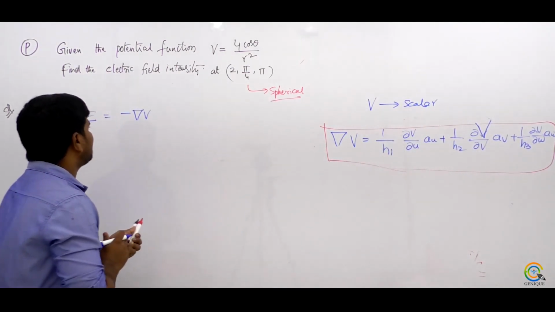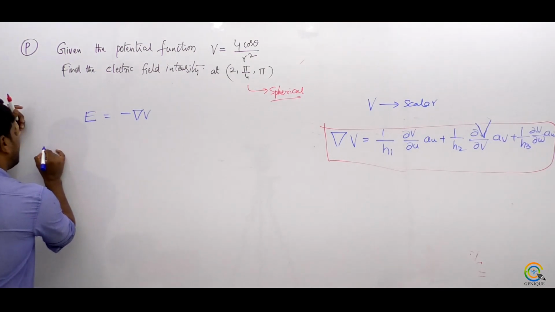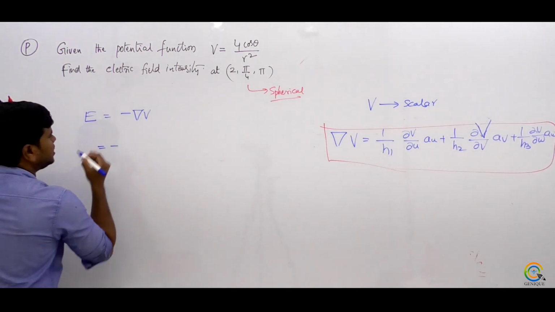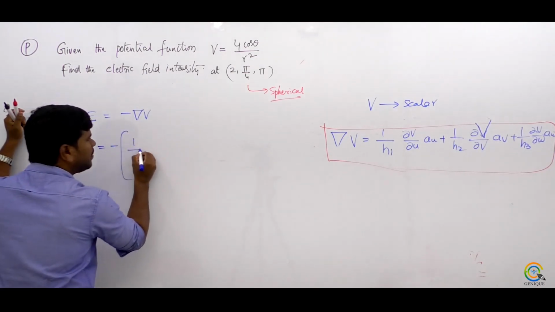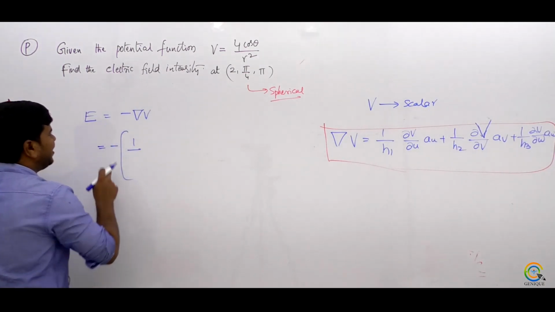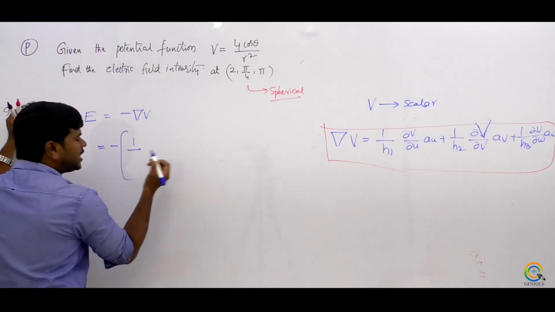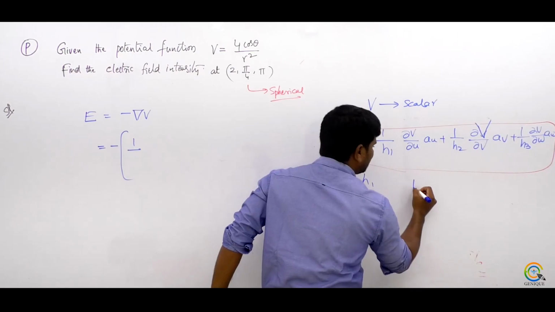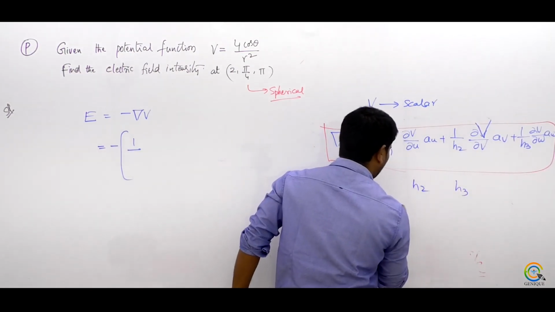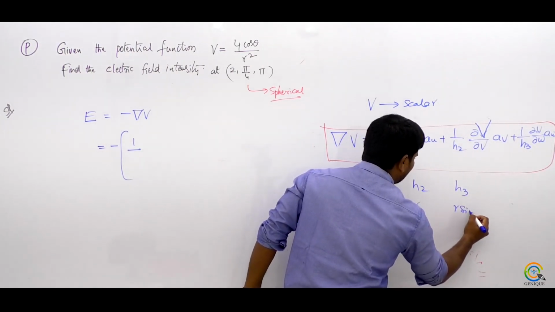So from this, what is E? E is equal to minus, in spherical coordinates, 1 divided by H1. H1, H2, H3 are 1, r, r sin theta.